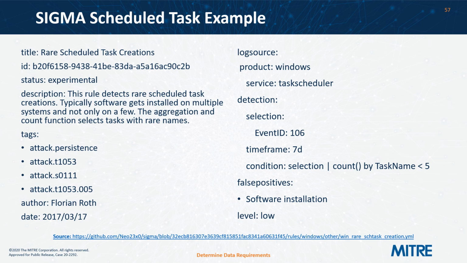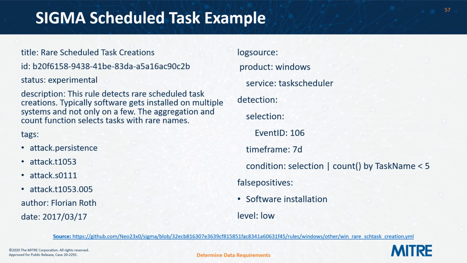Here's another example Sigma analytic designed to detect task scheduling, again written by Florian Roth. The description indicates this analytic is designed to detect rare scheduled tasks, assuming that benign scheduled tasks will be common across the enterprise terrain.